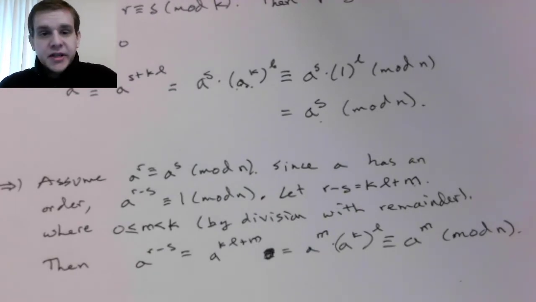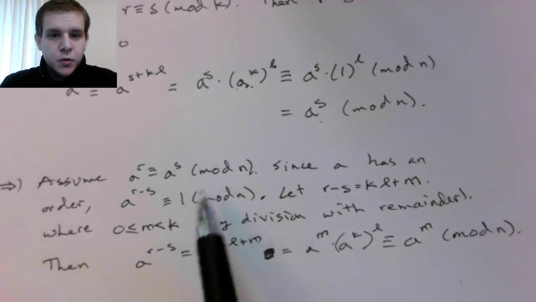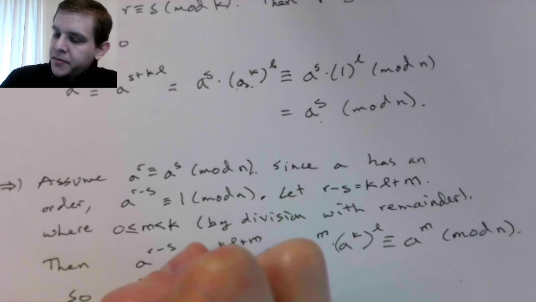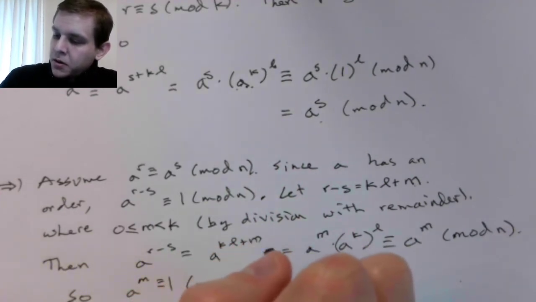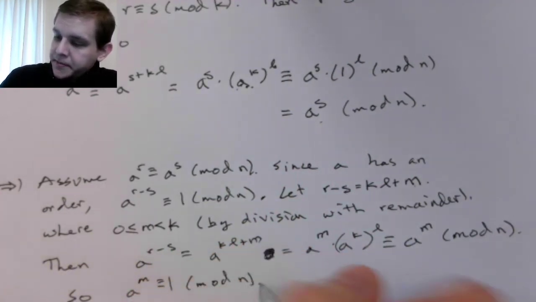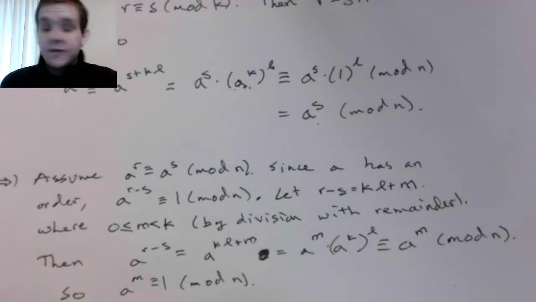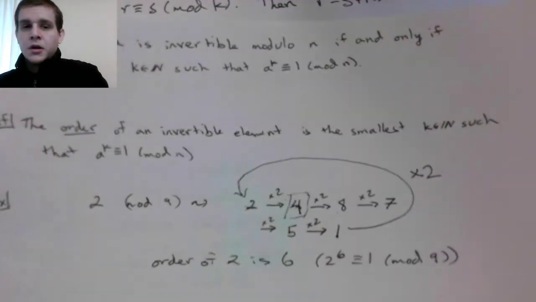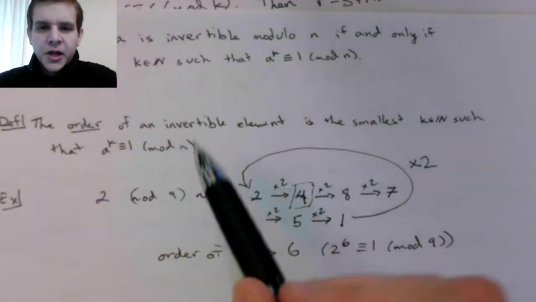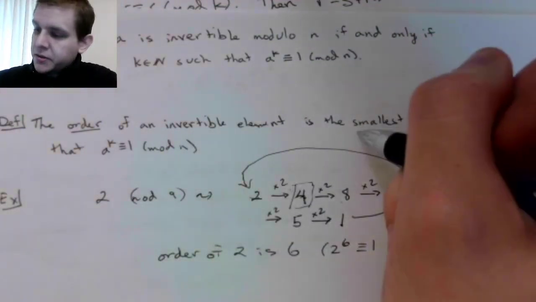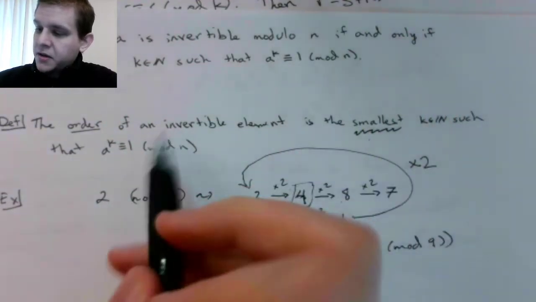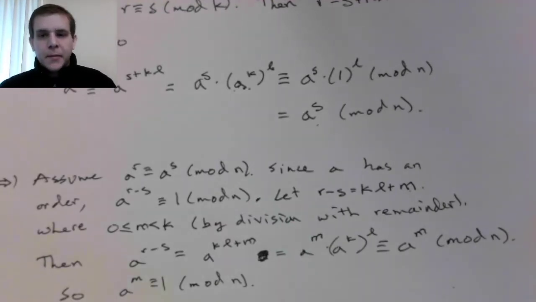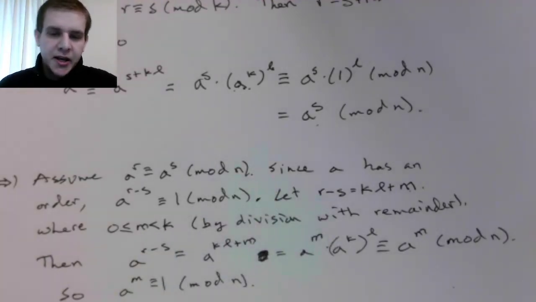But my assumption is that a to the r minus s is congruent to 1. So a to the m is congruent to 1 mod n. And here's where I use my definition of order. The order of an invertible element is the smallest k such that a to the k is congruent to 1. And here my m is smaller than k.